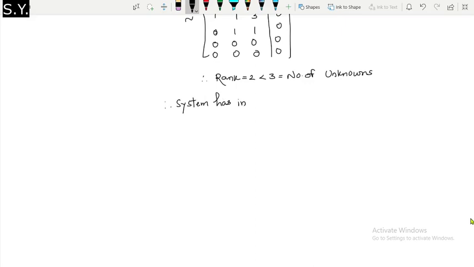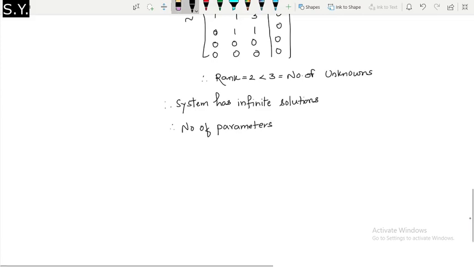Now in order to find the relation between R1, R2 and R3, we will find the values of alpha 1, alpha 2 and alpha 3 in terms of a parameter. So the number of parameters that we are going to use is 3 minus 2, which is 1.